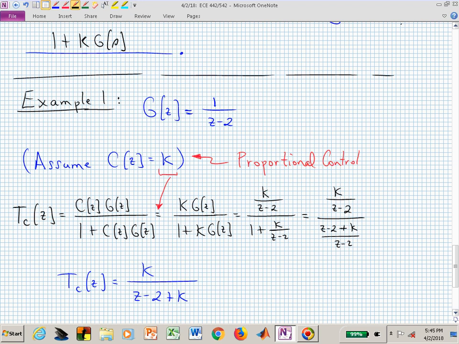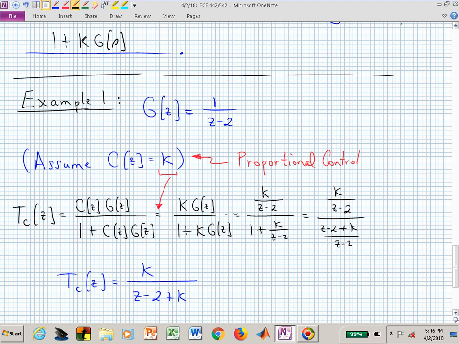And let's now replace G with what we said we were working with, which was 1 over z minus 2. Plugging that in everywhere where G is, we have K over z minus 2 all over another rational expression, 1 plus K over z minus 2. Now we have a ratio of ratios. And that's maybe making us a little nervous, so let's clean that up.